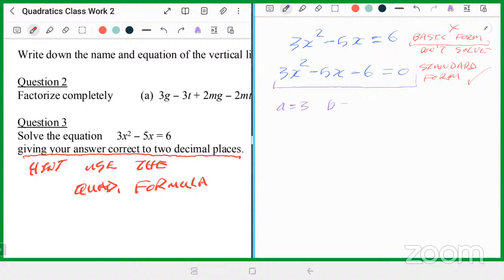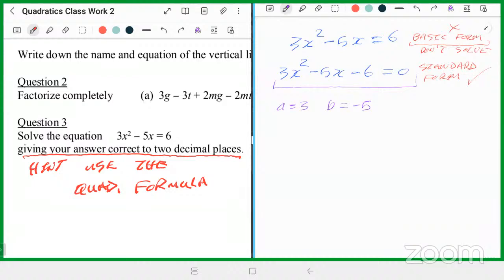The B is -5, which is the coefficient of the x. A is not the first value, B is not the second value, and C is not the third value. C is a constant term that has no variable on it.